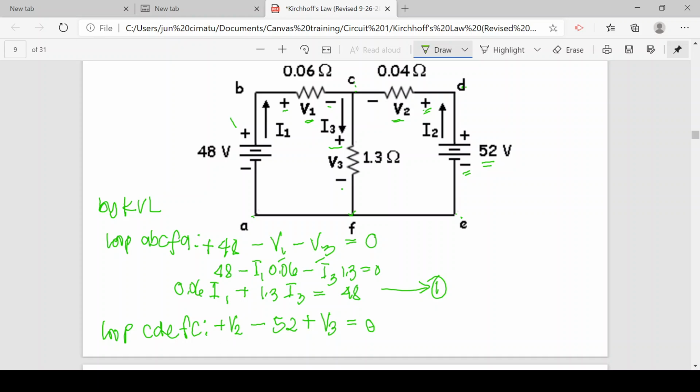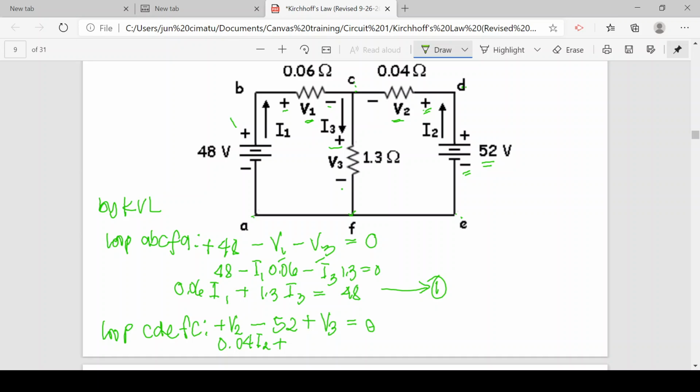The voltage B sub 2 is equal to I sub 2, the current passing through the resistance, and the resistance is 0.04. So this is 0.04 I sub 2 plus the B sub 3.